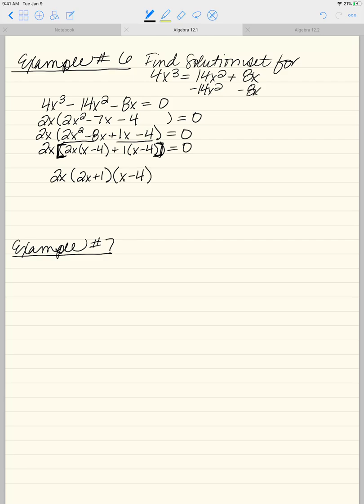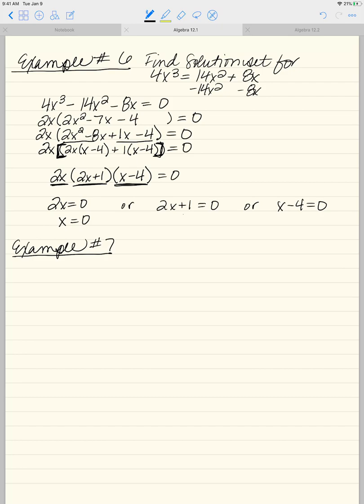So now you can see that we have 3 possible solutions for x because this can equal 0, this can equal 0, or this can equal 0. So 2x is equal to 0, or 2x plus 1 is equal to 0, or x minus 4 is equal to 0. Obviously, in the first one, x is equal to 0.